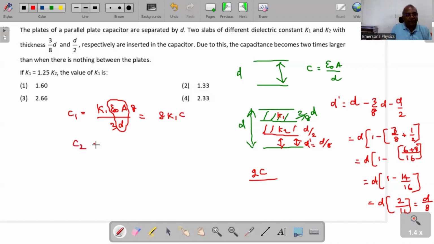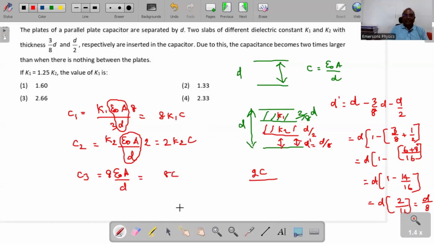Similarly, the second portion: K2 epsilon naught A by D by 2, so 2 K2C. Third portion: there is no dielectric, free space, epsilon naught A divided by D by 8. The answer is 8C.